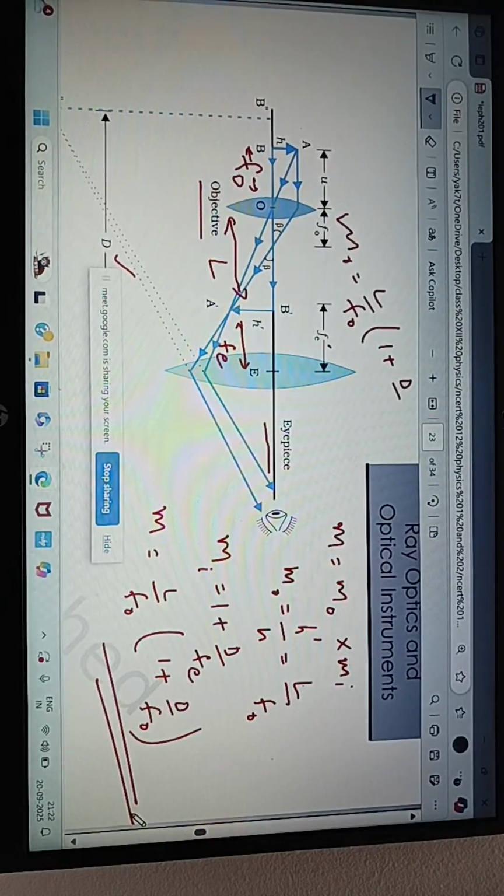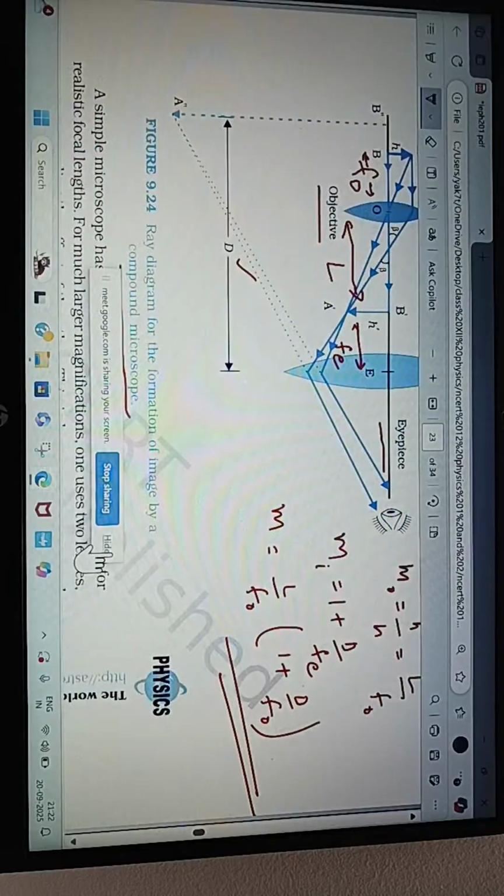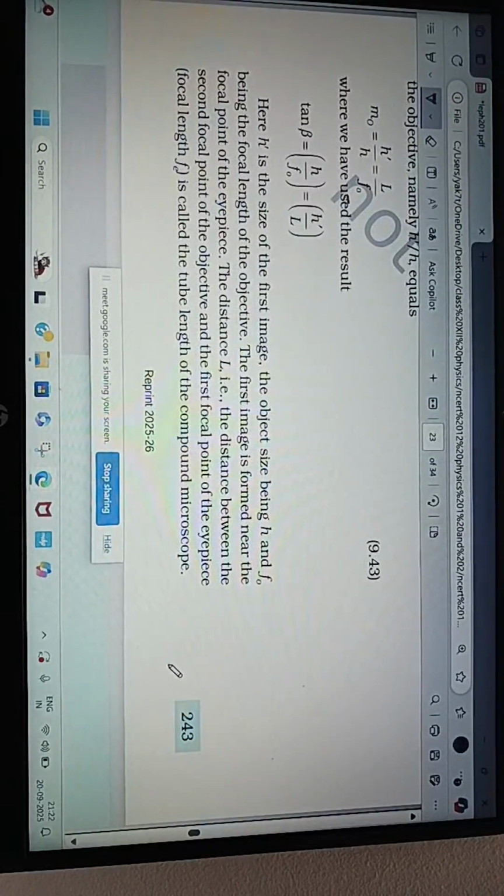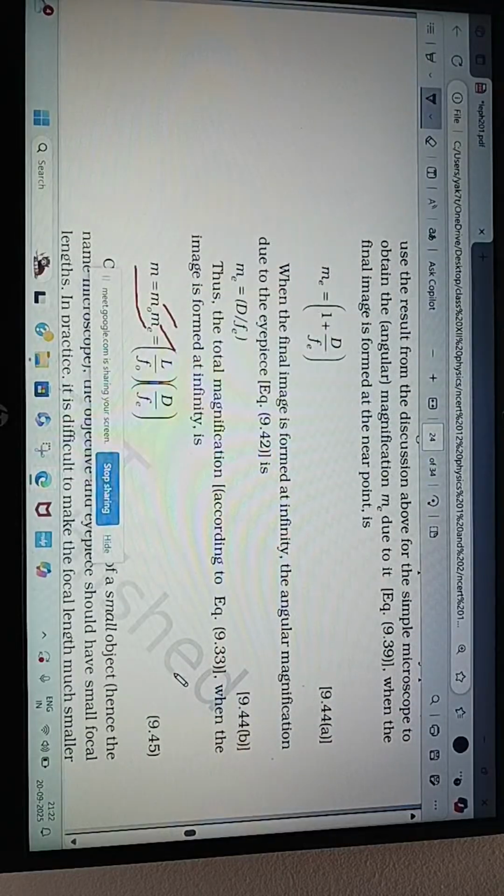Okay, you understood this? Second case is different. If the intermediate image, that is the image formed by the first lens, is kept at the focal length of the eyepiece, the image will form at infinity. So that time D by fe will come.